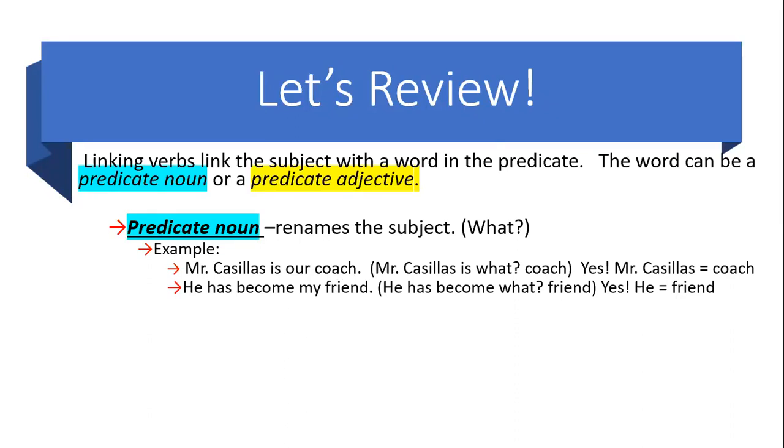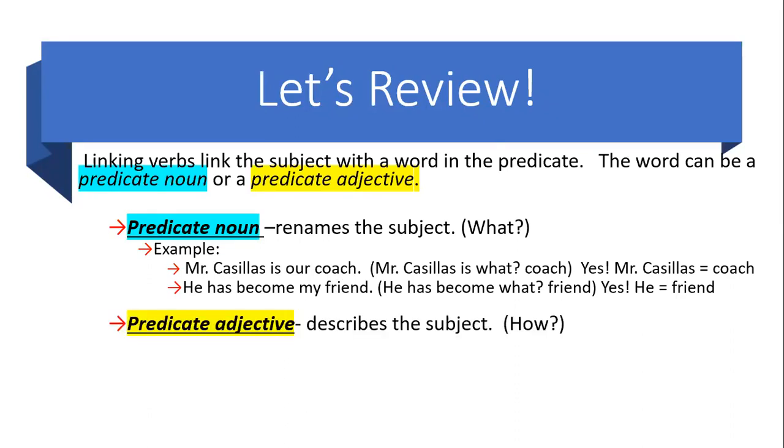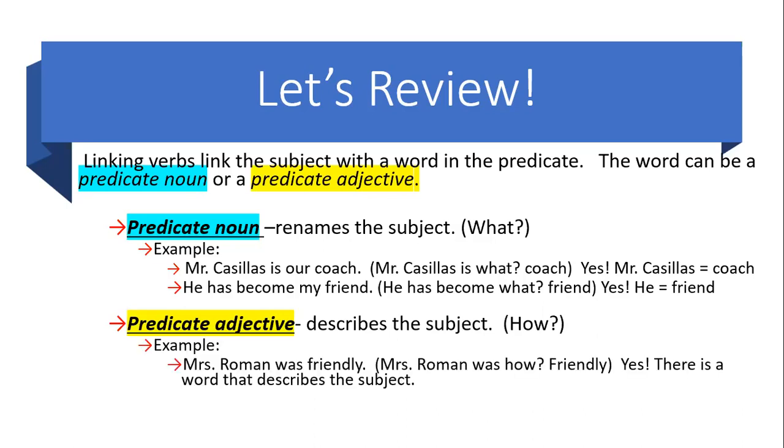Okay. It could also be a predicate adjective. And when is it a predicate adjective? When it describes the subject. And it usually answers to how. Let's look at two examples. Mrs. Roman was friendly. You can ask, Mrs. Roman was how? Friendly. Friendly describes how Mrs. Roman was.